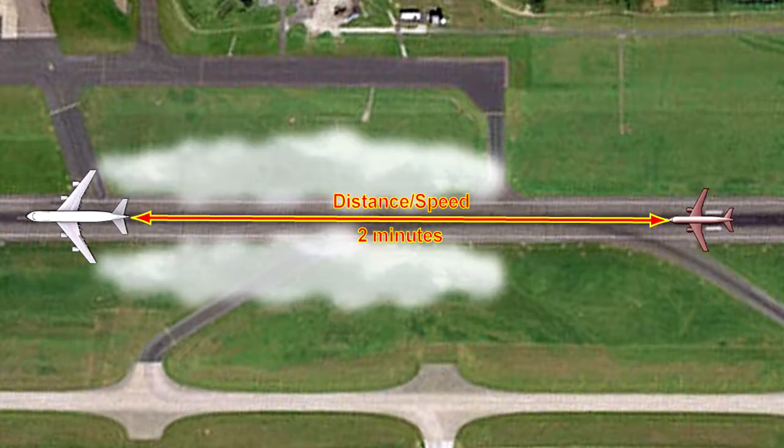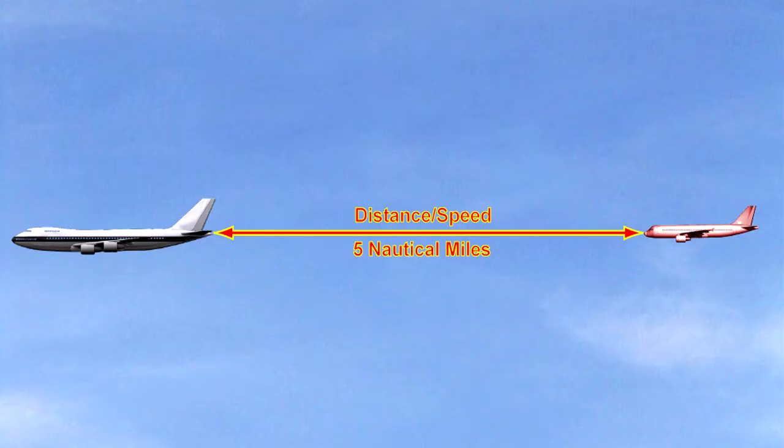Wake turbulence separation can either be based upon time, procedural separation, or distance when the aircraft is under direct radar control. However, most of this lesson will detail the procedural separation and not the radar-controlled separation. But brief mention of radar separation will be made when appropriate.